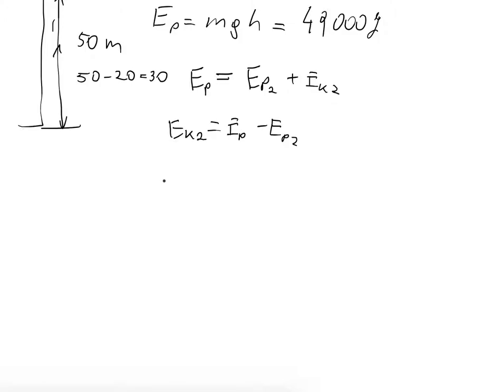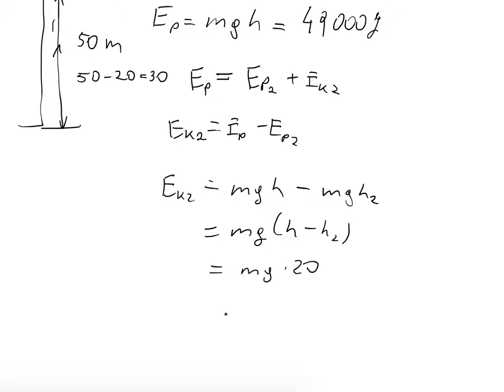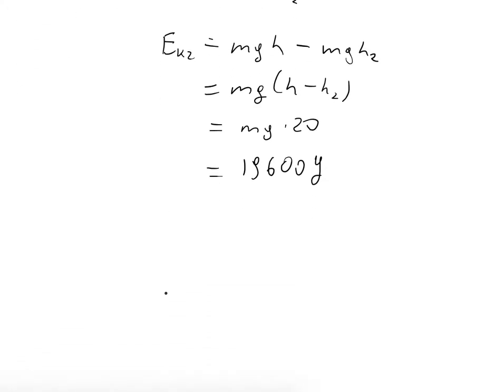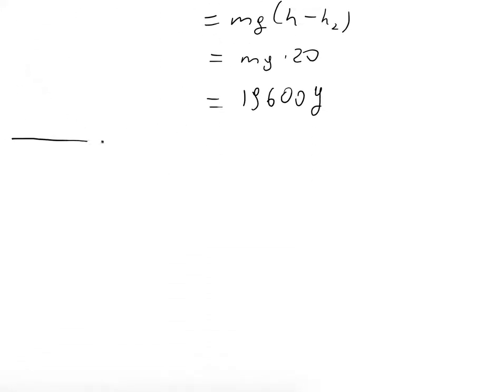We can substitute EK will be equal to mgh minus, that's the original height of 50 meters, minus mgh2, that's the height of 30 meters. Or we can take the common factor out, mg(h minus h2). Now h minus h2 is just 20 meters, mg times 20, and then we can substitute that and we'll get a result of 9,600 joules. So that's our answer.